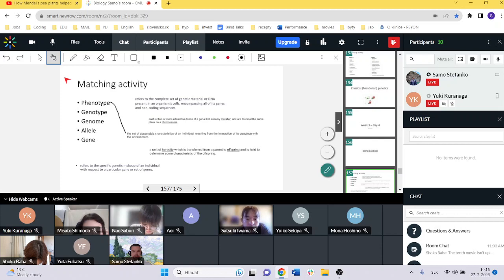What about the next one? Genotype. Anyone? I think genotype refers to the specific genetic makeup of an individual with respect to a particular gene or set of genes.